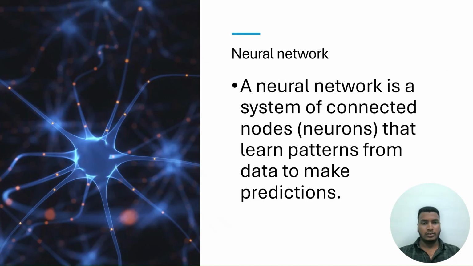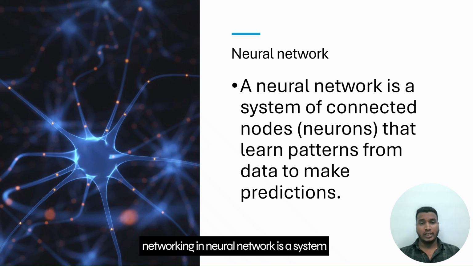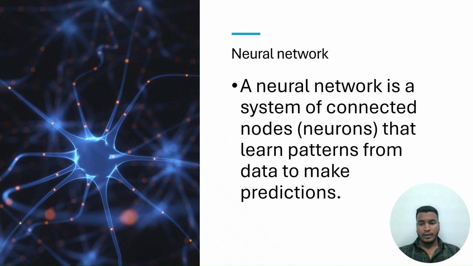And the next slide is on neural networks. A neural network is a system of connected nodes, like our brain has a system of neurons, that learns patterns from the data to make predictions. They contain an input layer, hidden layer, and output layer.